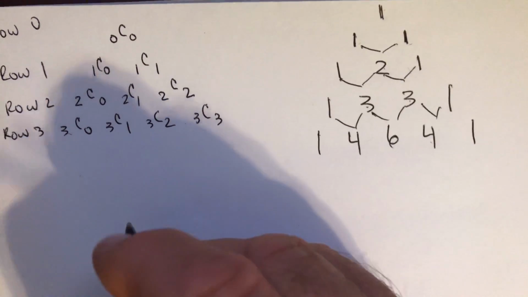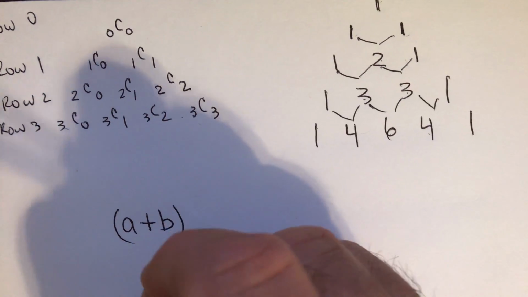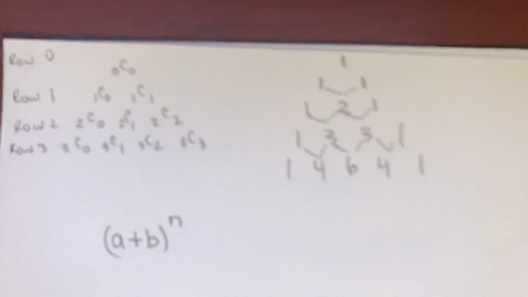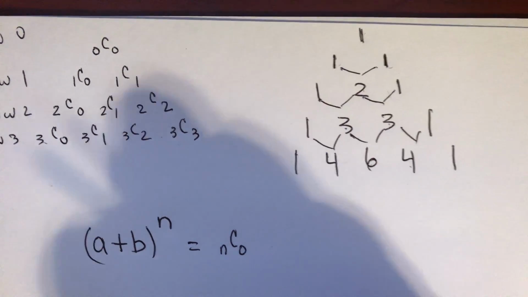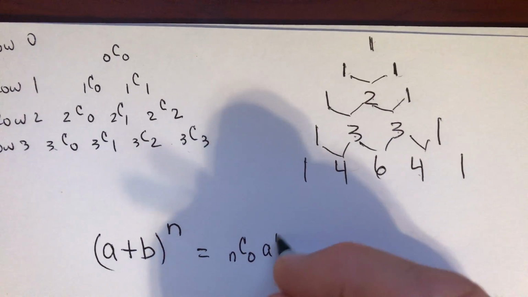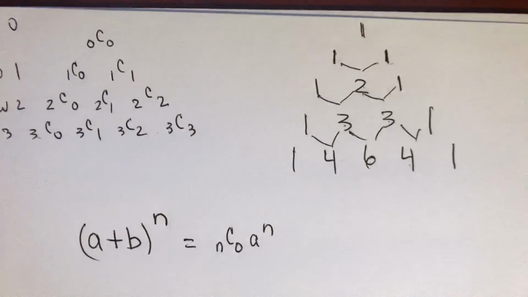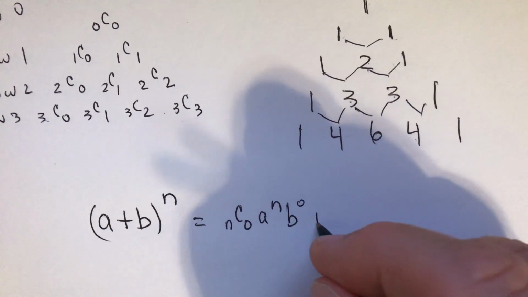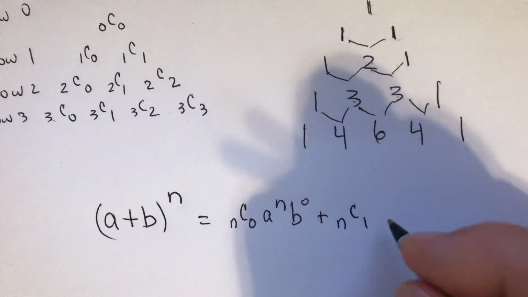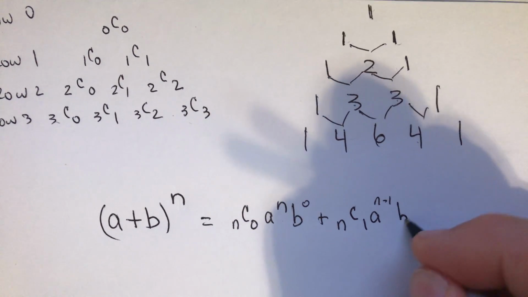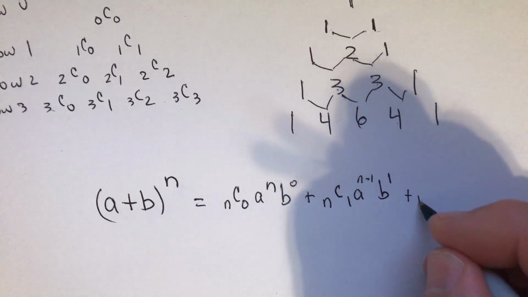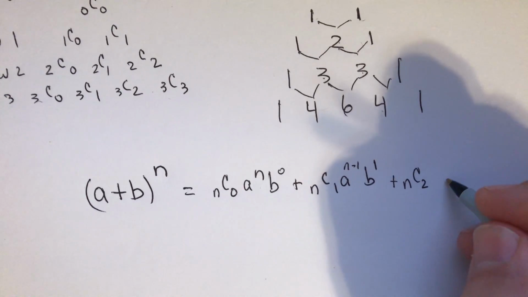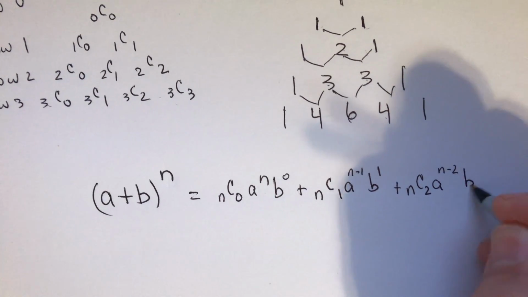Now, basically what I mean by that is when I take a binomial and I raise it to some power, this is going to be NC0 times a to the n, b to the 0 power, plus NC1, a to the n minus 1, b to the 1, plus NC2 a to the n minus 2 b to the 2.